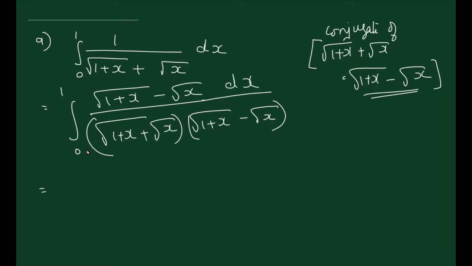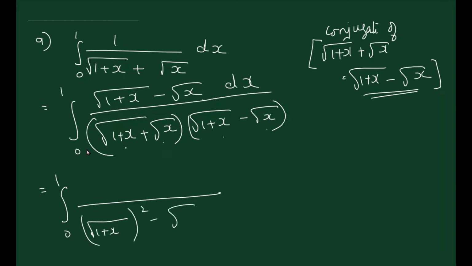Okay, then our denominator becomes this way, that is, now in the denominator the formula is for a plus b into a minus b, which is a square minus b square, that is root of 1 plus x the whole square minus root of x the whole square, and the numerator remains as it is.